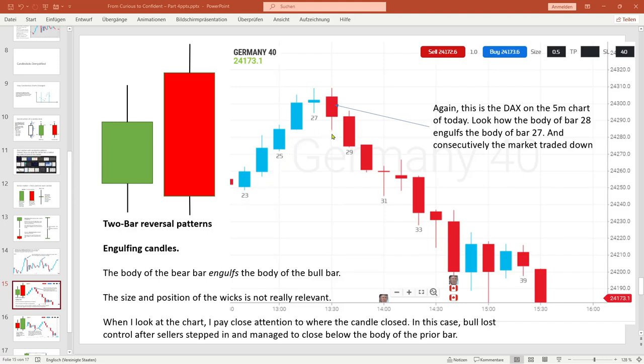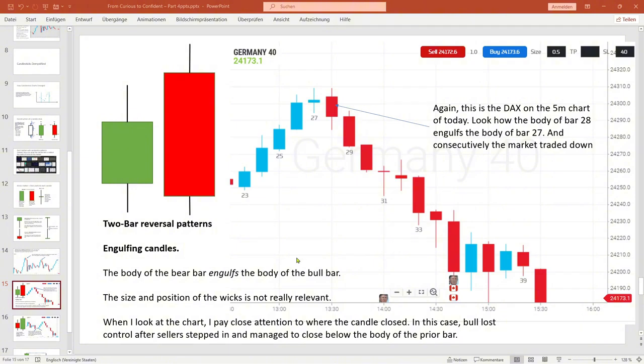See, bar 28, the body engulfs the body of the previous bar, and my bull bars are blue. In the textbooks, they're usually green or white. You see here, we're going up, engulfing pattern, and then it goes down.